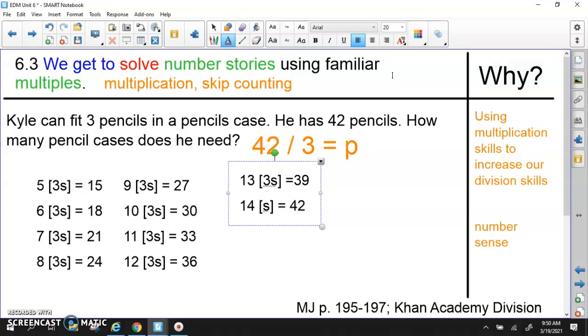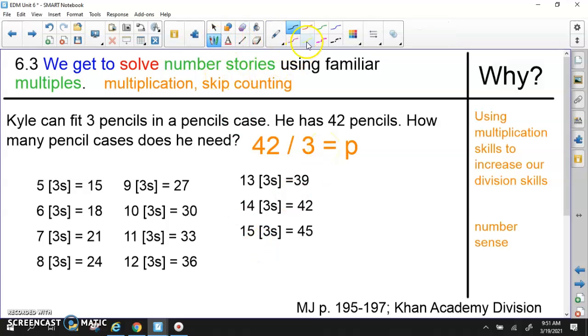Our goal was to get to that 42, right? It also wants you to do this because you're going to start looking at remainders or leftovers here in just a little bit. So it wants you to go above one more time. So what are 15 threes just for good measure in this case? Yes, it is 45, okay? So in this case, what we can see is that 42 divided by 3 is P, and where it lands, because we were trying to get to that 42 after all, 42 divided by 3 turns out to be 14.